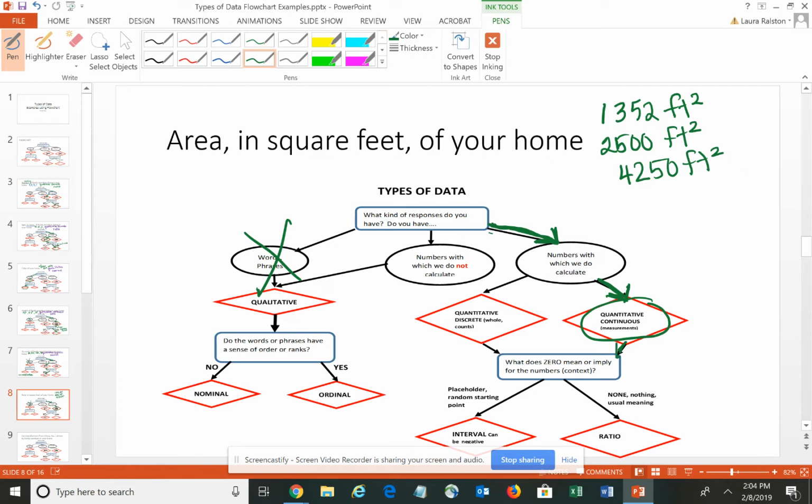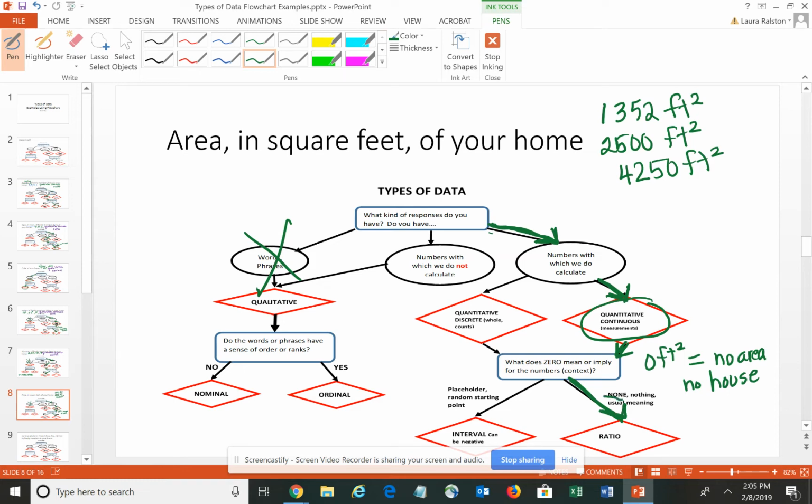Thinking about what zero means, if I say my house is 0 square feet, that does mean that I have no house or no area. Okay, and if I have no area, I have no house. So again, in this case, it represents ratio. 0 would imply none.